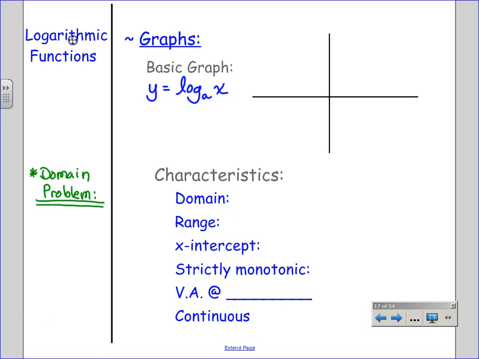So guess what? We have everything we need for our logarithmic graphs from our exponential graphs. Because every single key point of the exponential is going to become a key point of the logarithmic. For instance, instead of 0, 1, it's going to be 1, 0.